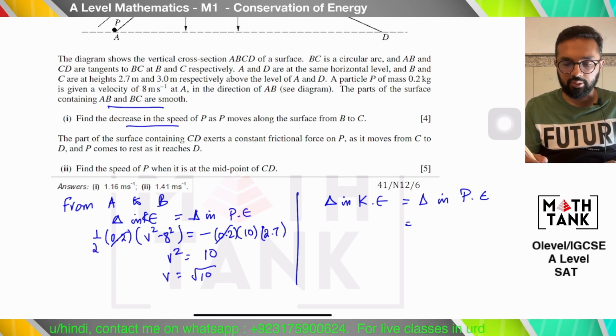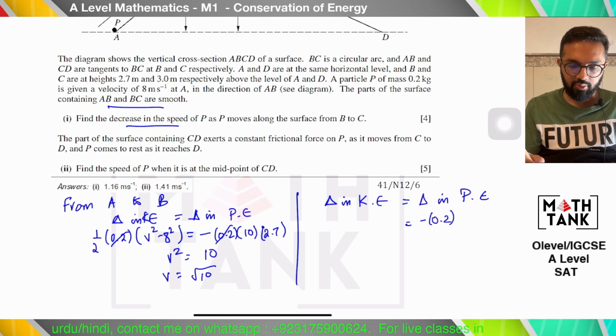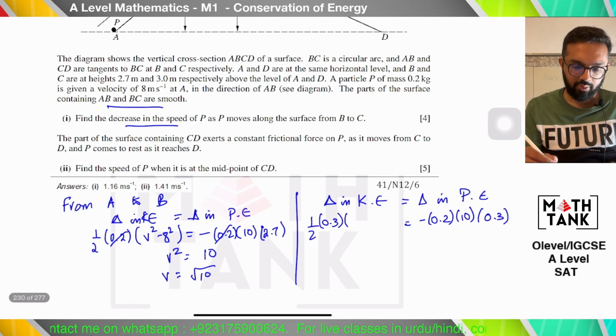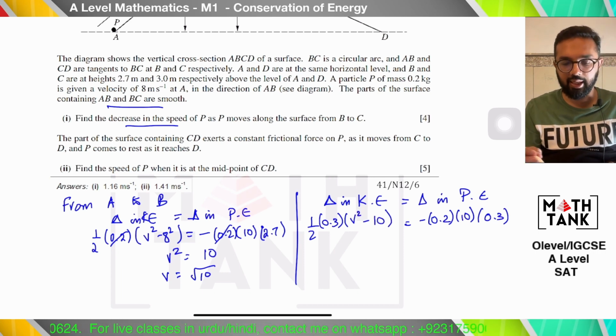That is how conservation of energy holds without external forces. So m g h, h is this time 0.3, equals half m (v squared minus u squared), u squared is 10.